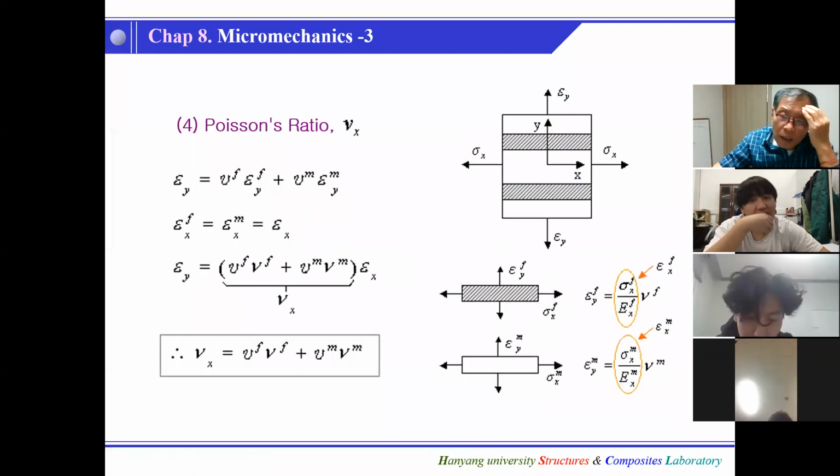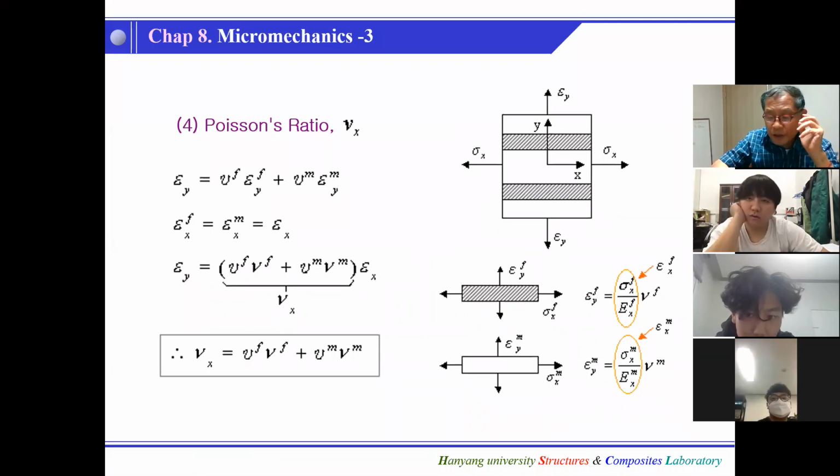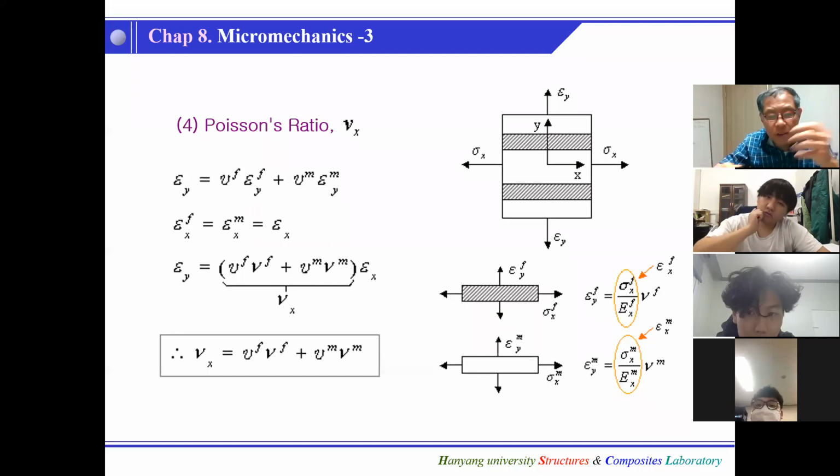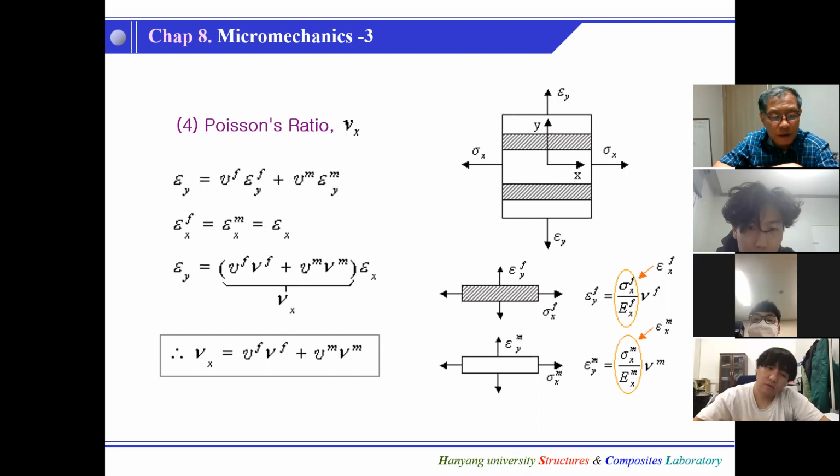Now, let's study Poisson's ratio. Young's modulus is relatively easy to understand, and there are many equations and courses you can learn about Young's modulus, but Poisson's ratio is relatively not much emphasized, though it is as important as the major Young's modulus.